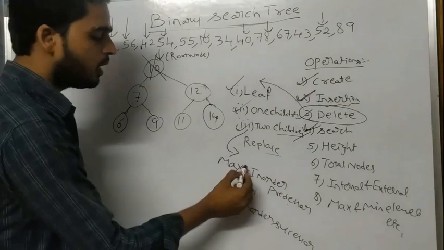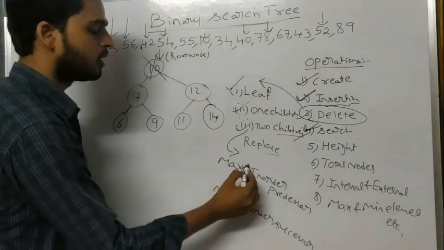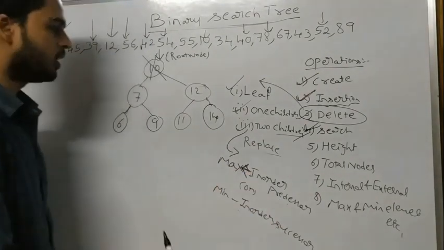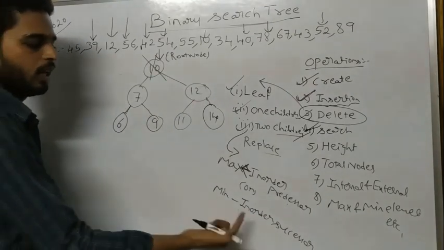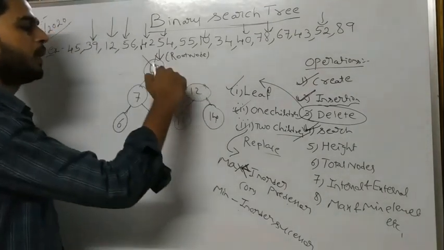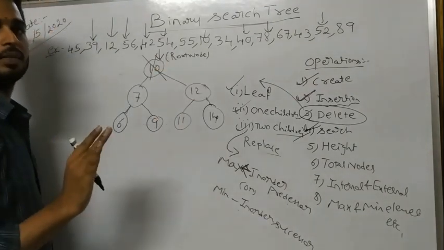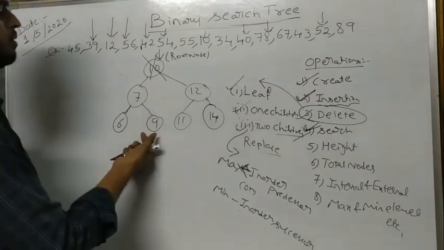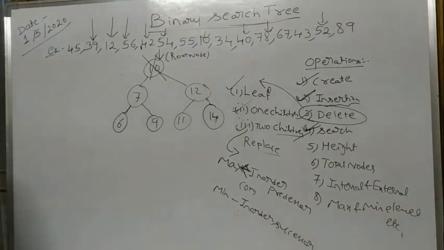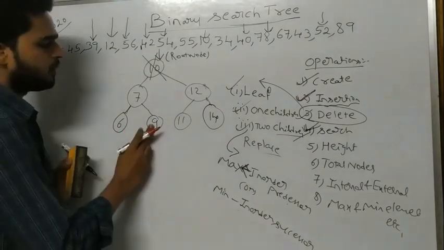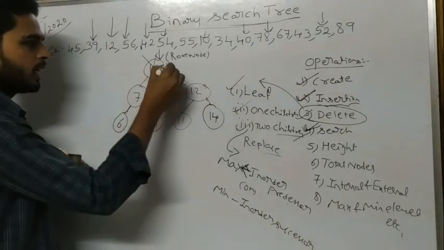The in-order predecessor means the maximum value from the left chain. The in-order successor means the minimum value from the right chain. Why am I taking the maximum value from the left side? The maximum value from the left side is 9, so I will put 9 here.